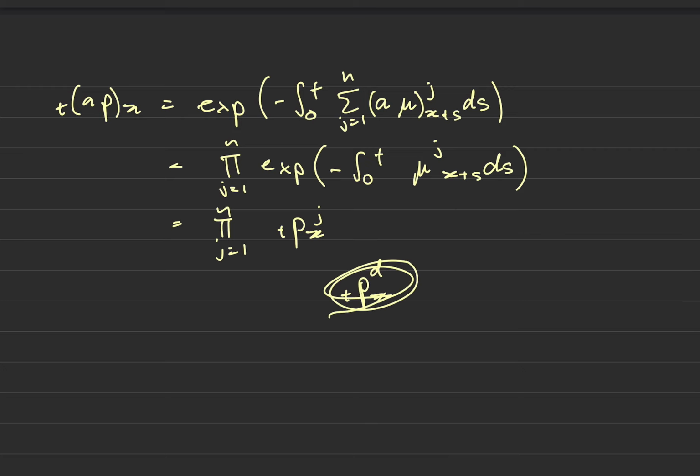This is the same thing as the probability that a life aged x will still be alive at age x plus t. Or if you did r there for retire, then this would be the probability that the life aged x is still employed at age x plus t. So in other words, they haven't been removed by the decrement r.